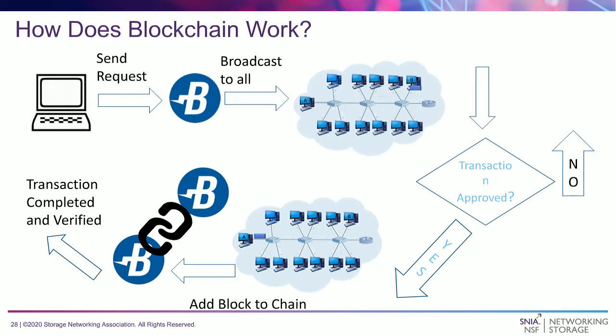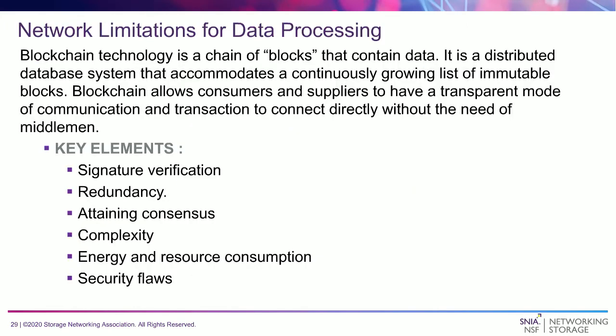Now, there are certain limitations when it comes to data processing for blockchain technology. As Eric and John mentioned, when you are manipulating secure data with a hash assigned, you experience network delays. One of the key elements that technology today is trying to address are signature verification, redundancy, attaining consensus, complexity, and energy and resource consumption.